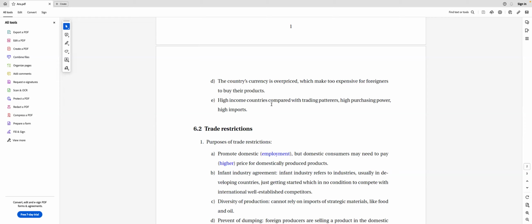In such a scenario, your net exports will decrease, because foreigners will buy less, demand less of the things made by your country.